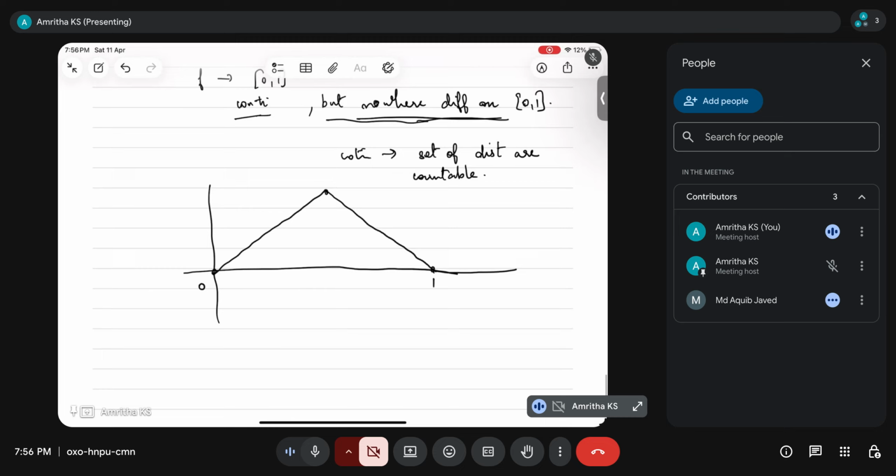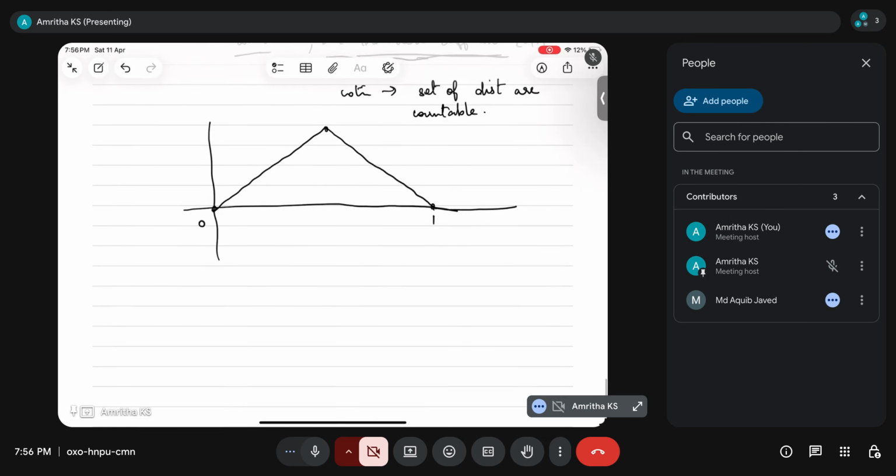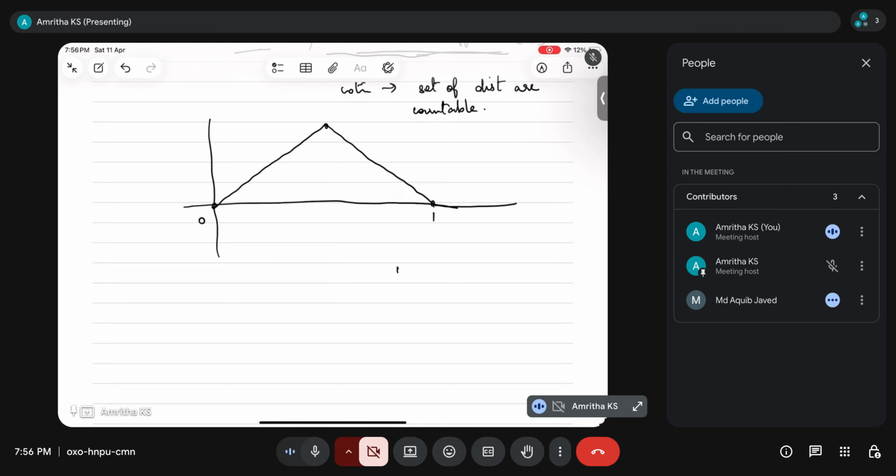So this function can be represented as a limit of some continuous functions. Uniform limit of continuous functions.